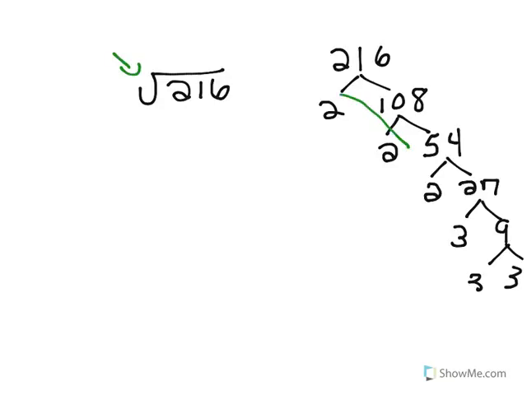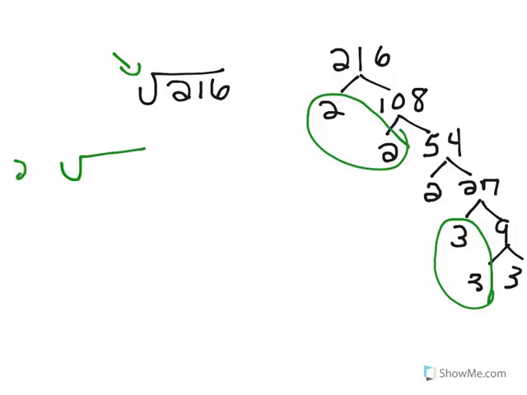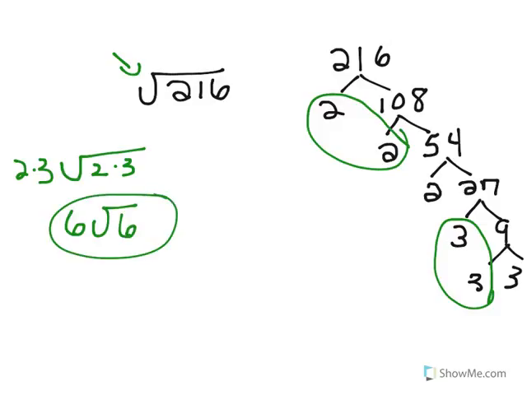And I'm going to circle pairs of 2s. So I have a pair of 2s and a pair of 3s. So that's going to look something like this. It's going to be 2 times 3, and then I'm left with a 2 and a 3 inside. So the simplified version of this becomes 6 root 6.